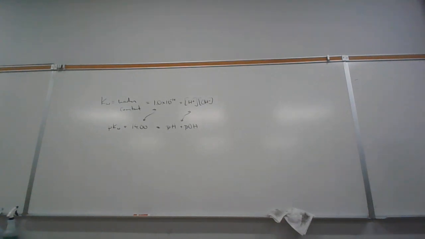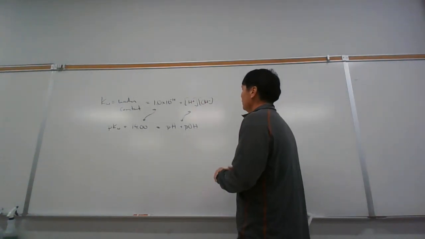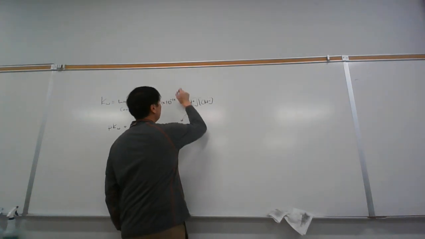But first, we'll just take a look. Of what significance is a very small value of 10 to the minus 14 for Kw, the ionization equilibrium constant for water? The very small value means there's very little hydrogen ion and hydroxide ion formed in the reaction.